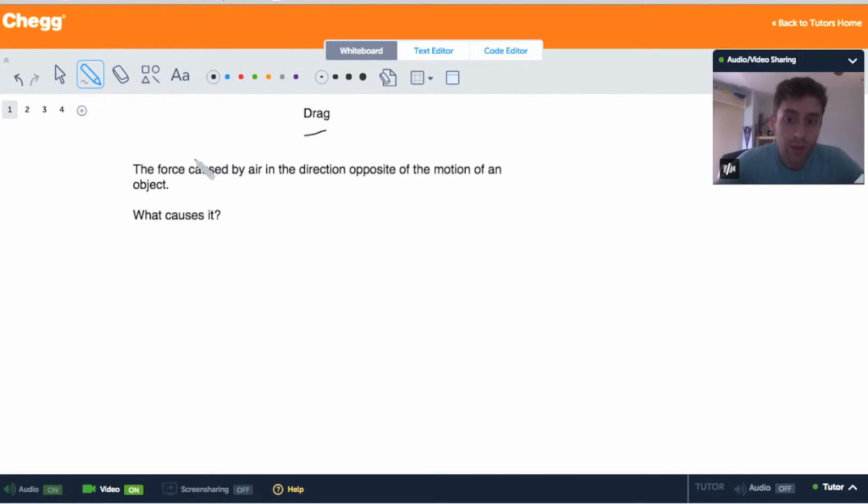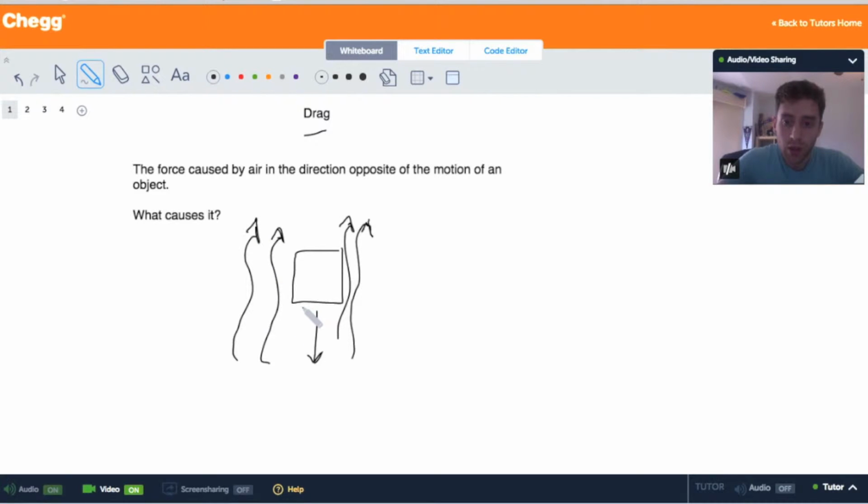We said it's caused by air, but let's say an object such as a square block is moving downwards in air, and air is flowing this way. So relative to that object, air is going in the opposite direction.